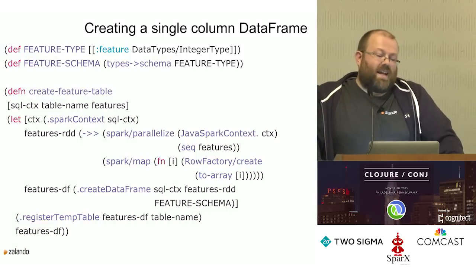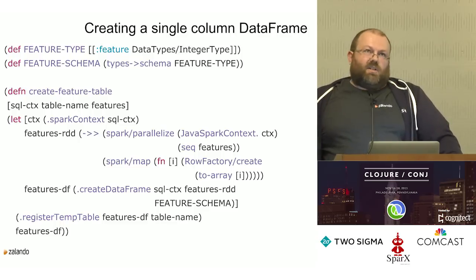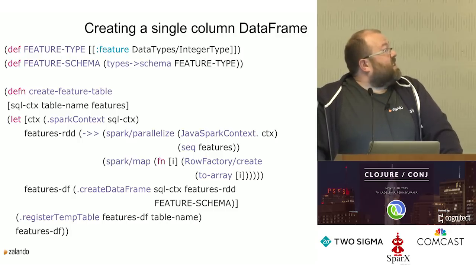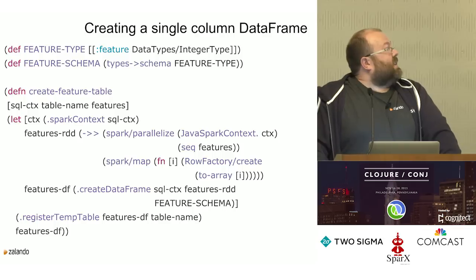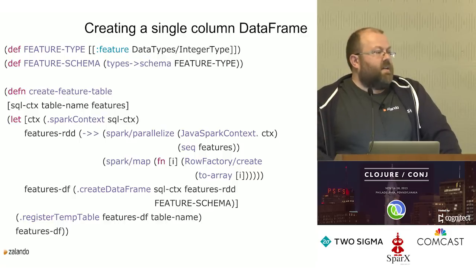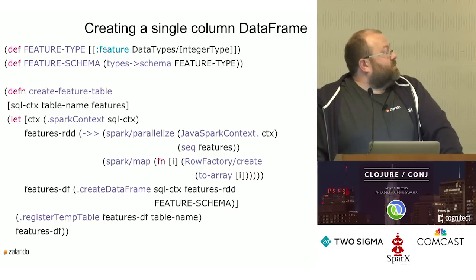This is basically creating a single column data frame. I've used this as a utility method when I just need to sub-select from something for whatever reason. You'll see that I basically need to declare the types of the thing, even though it's just the integer type. Then I need to create a schema for it. Then, given a SQL context and a table name to create for it, and features is the actual numbers I want to shove into this data frame, I create an RDD where I parallelize the features.